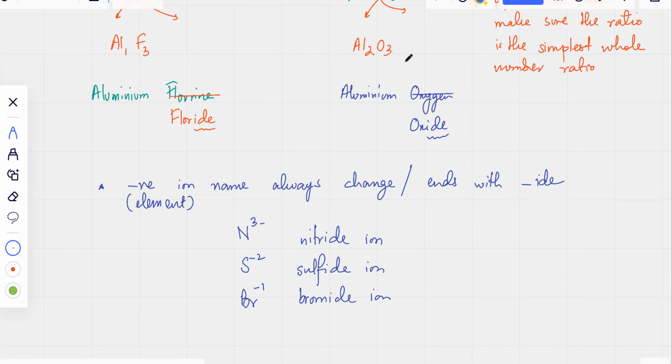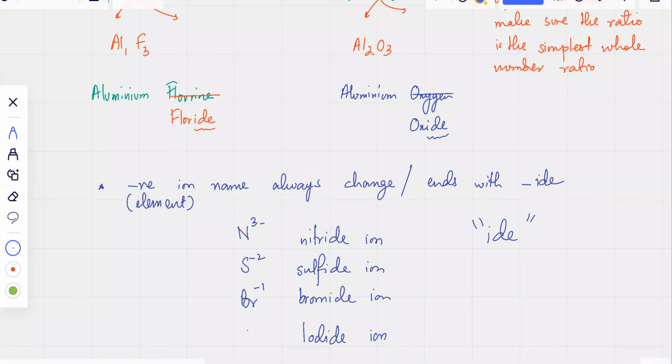सर जिनके आखिर में एड आता है वो ऑक्सीजन के साथ होते हैं. 8 वाला मैं बाद में आता हूँ. अभी हमने सिर्फ किस पे फोकस किया? IDE. ठीक है, तो whenever you see IDE, अगर कहीं पे लिखा हुआ है आयोडाइड, तो कंफ्यूज नहीं होना, ये आयोडीन ही है.